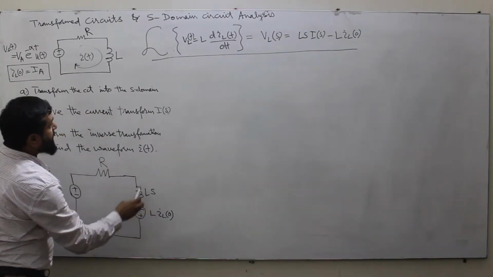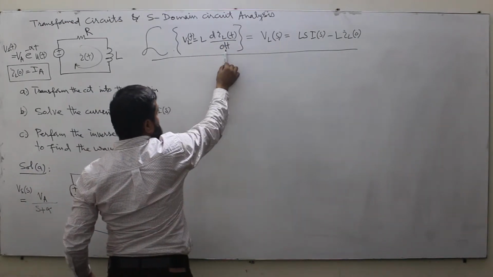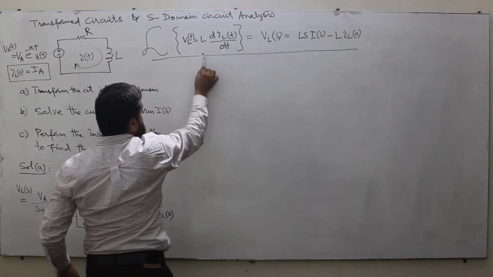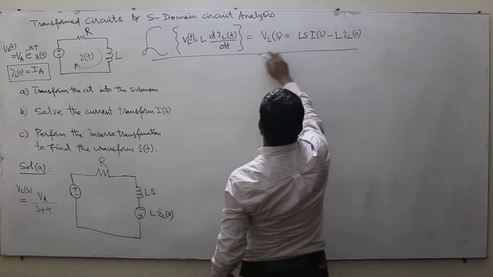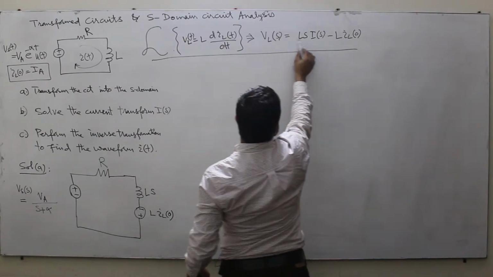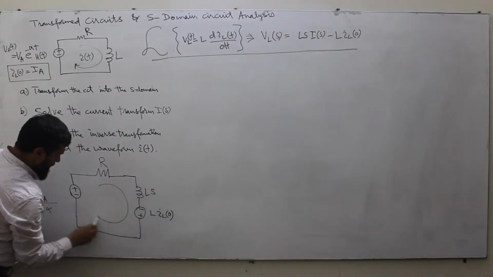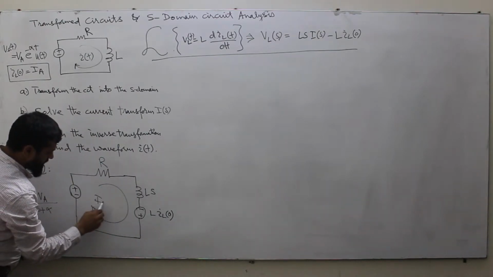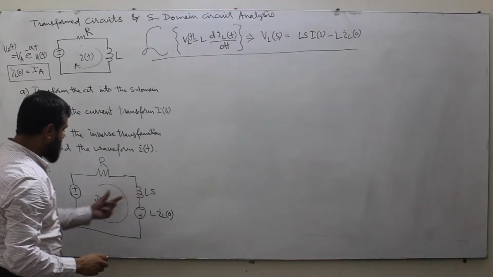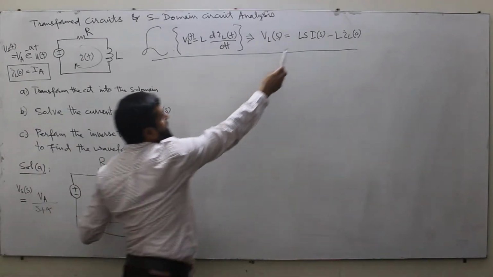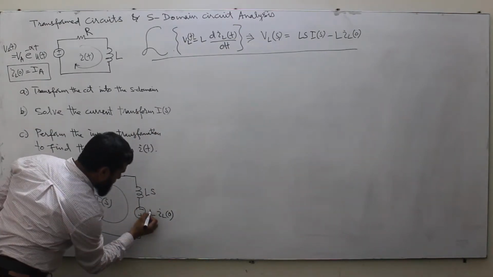Since for the inductor we know the equation VL of t is equal to L into dIL by dt, taking the Laplace of this gives VL of S equal to Ls into I of S minus L into IL of 0.